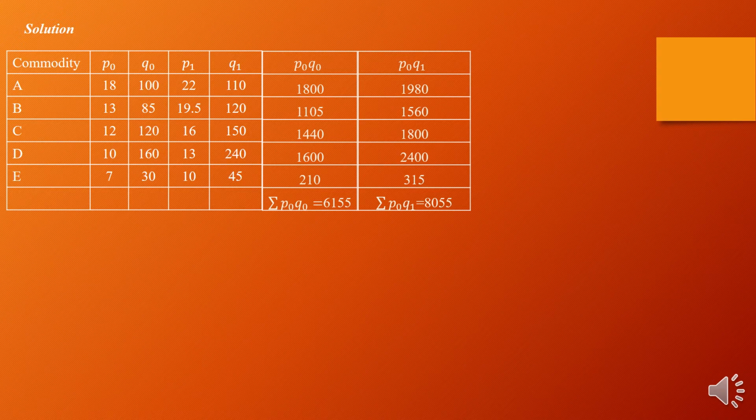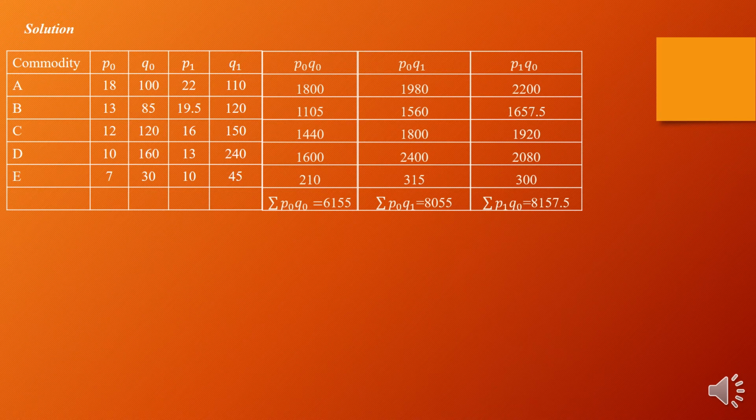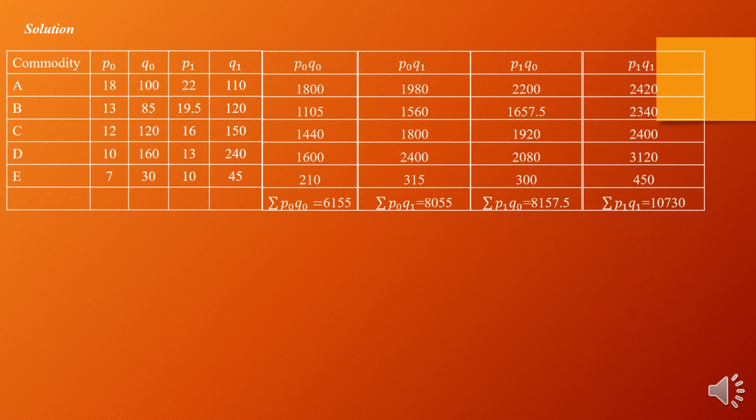Okay, similarly next we'll calculate P1 Q0, current year's price into base year's quantity, so 2200, 1657.5 and like that. So sum of that is 8157.5. And last one is P1 Q1, so current year's price into current year's quantity. So these are the values, and the sum of that is 10,730. Now let us calculate one by one.